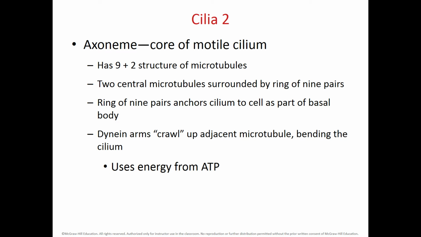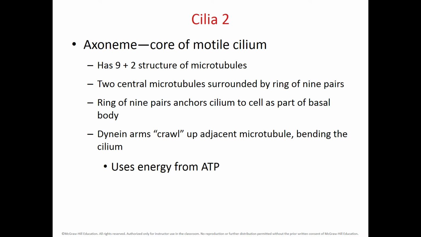There is an arrangement inside the cilia that forms a little cylinder in a 9+2 arrangement. So you have two central microtubules surrounded by a ring of 9 pairs of microtubules. Now this ring of 9 pairs will anchor the cilium to the cell as part of the basal body.